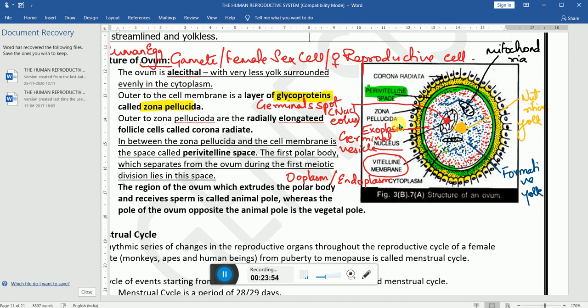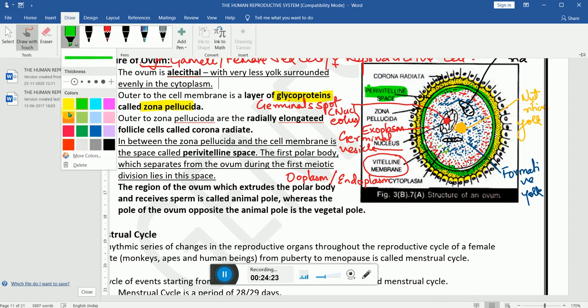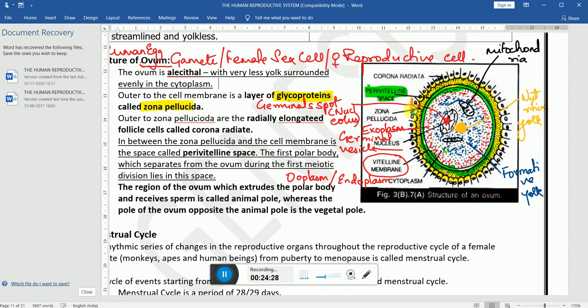Just like around the sun you have a kind of luminous circle, similarly around the ovum there is a circle which has certain radiating cells, and that's why we call this layer the corona radiata. Let me draw this for you in a different color, students.